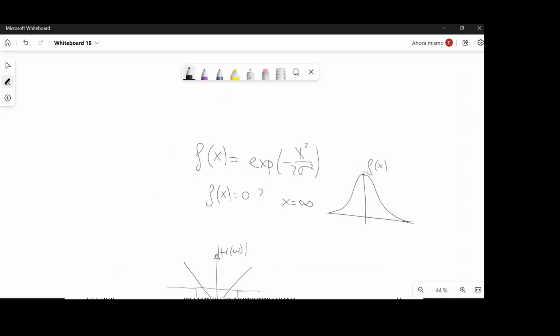So it never vanishes. But in practice, if I go further than, I don't know, if I go to 6, I don't know the exact value, you have to compute, but let's say that at 6, this f of x is in the order of 10 to the minus 10. And here it is 1. It is not 0, but I don't care. It is so small that I don't care about it. So strictly, it never goes to 0. In practice, it does.